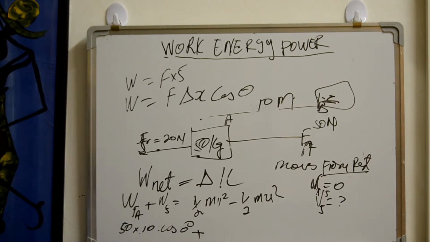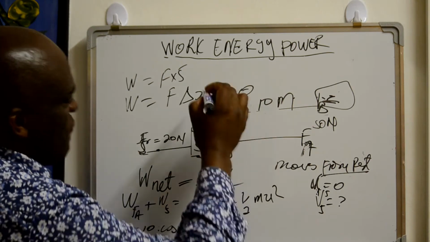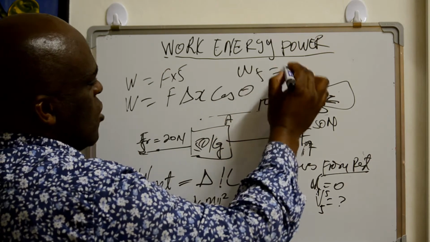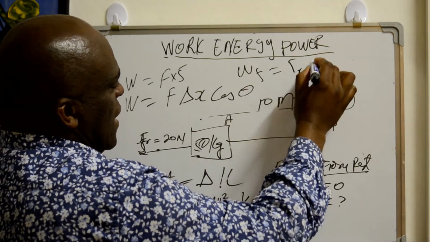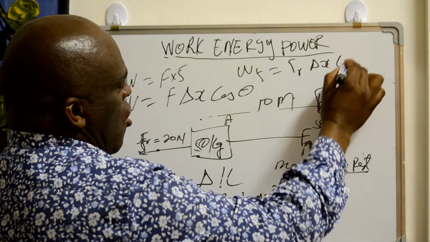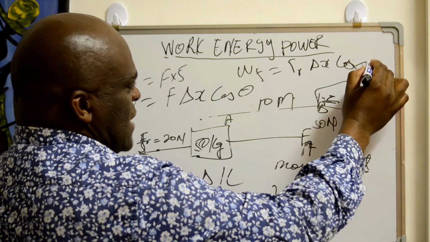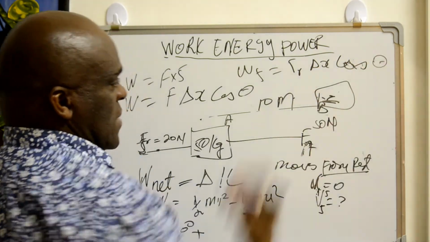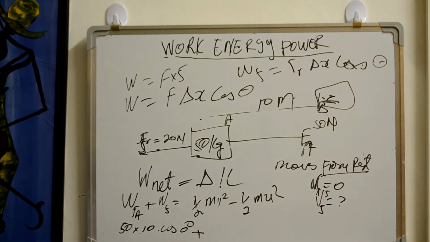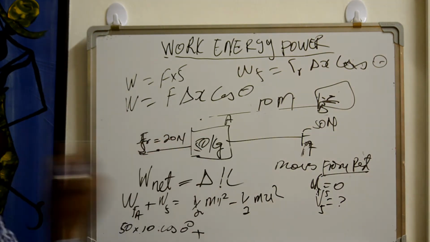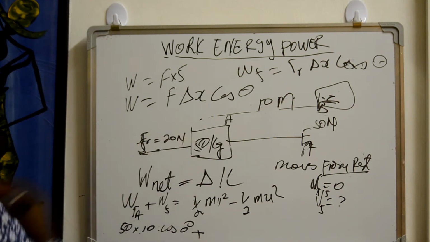Plus, what is the work done by the friction? The friction force is also F. Work done by the friction is also F delta x cos theta. But in this particular case, the friction is in the opposite direction.